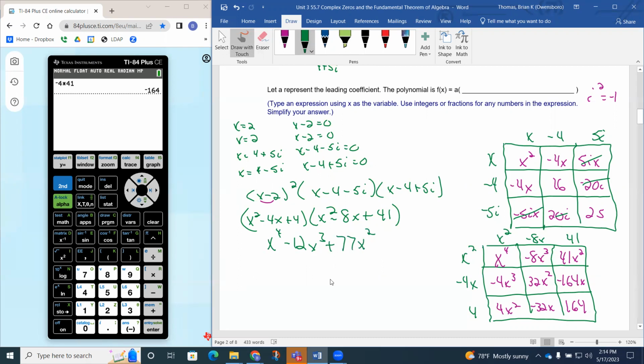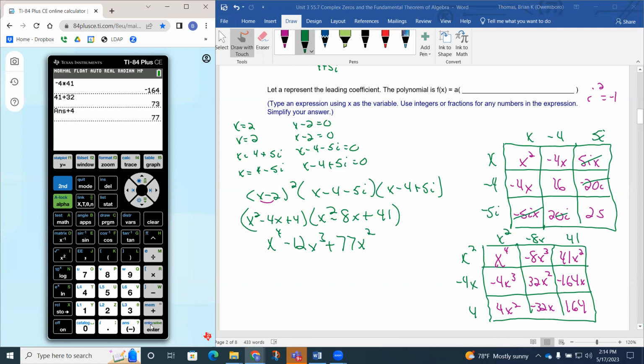I want to double check myself there. 41 plus 32, and then add 4 more. So 77x squared. A negative 164 and a negative 32 would be negative 196x. Double check myself there: negative 164 and another 32. Negative 196, and then the 164 drops in after that.